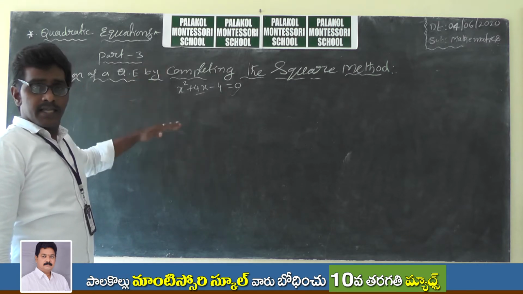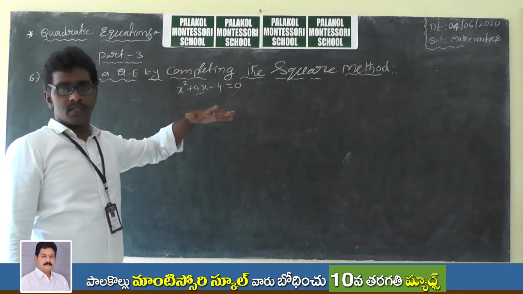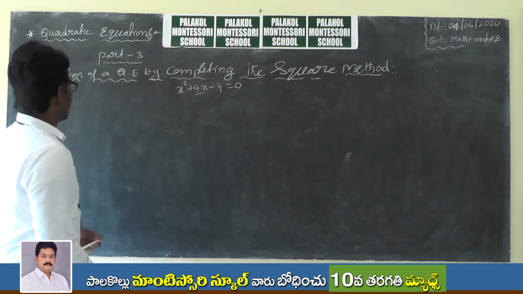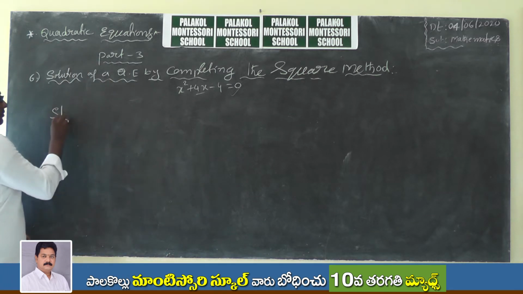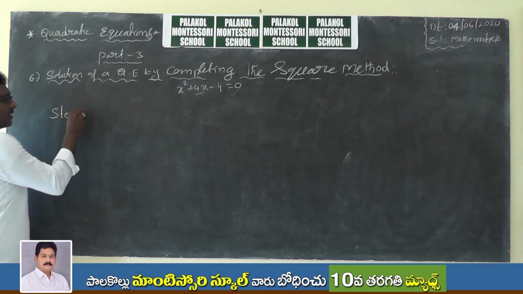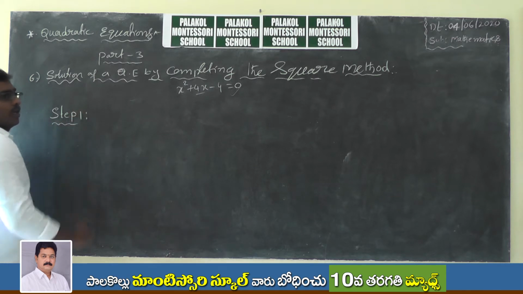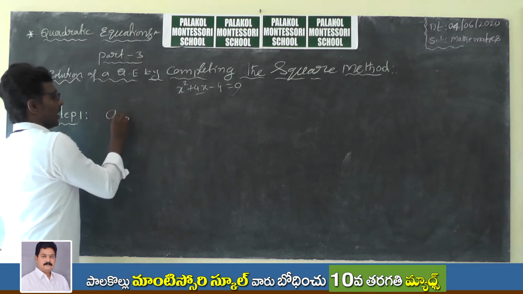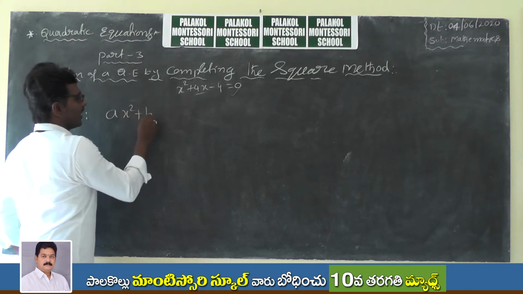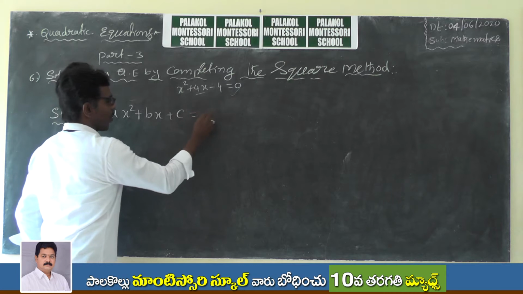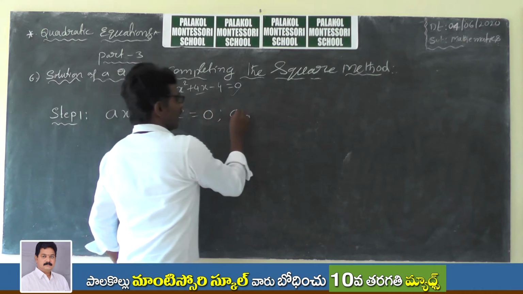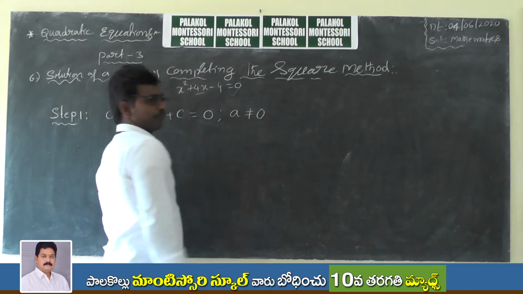Some steps are there. Keep the steps in mind after you solve this sum. So first, step 1. First you write the quadratic equation ax square plus bx plus c equal to 0, where a is not equal to 0.